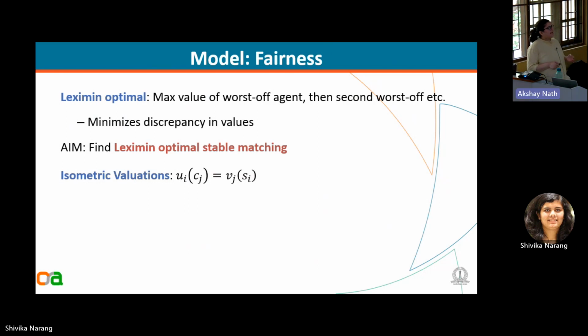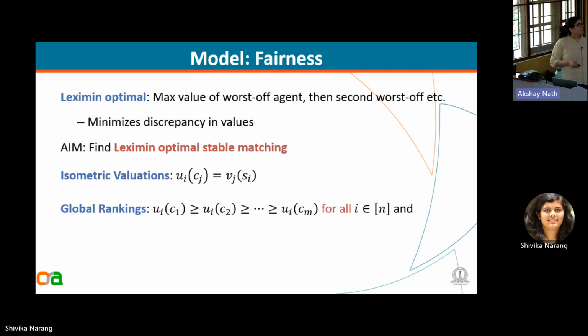One is called isometric valuations. Here, the student's value for the college is the same as the college's value for that student. This is not super critical, but it does help. Then the next is called master list, or global rankings, or same-order preferences. So the students have the same ranking over the colleges. Their exact values might change, but everyone would think IISc is better than Shiv Nadar, right?